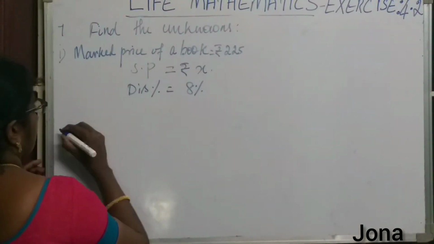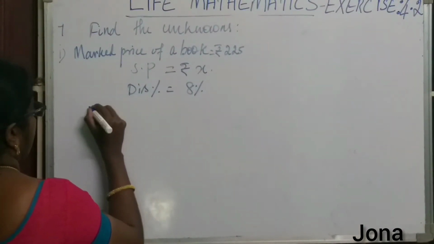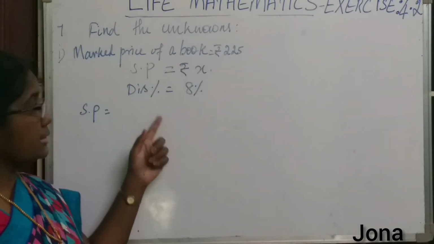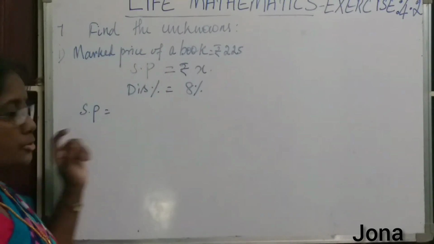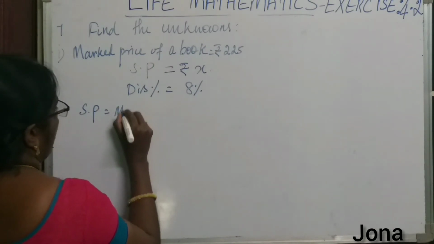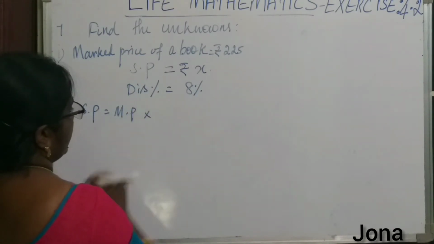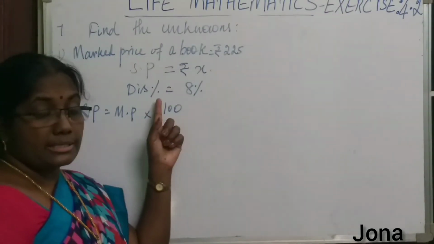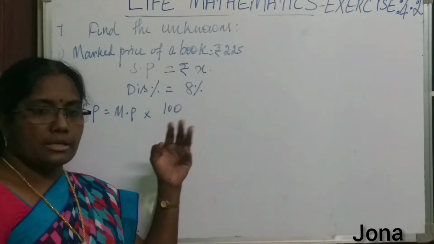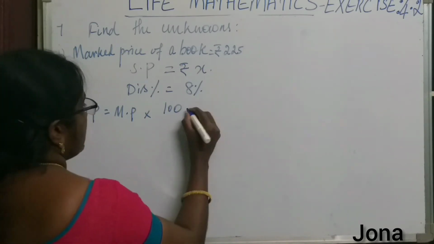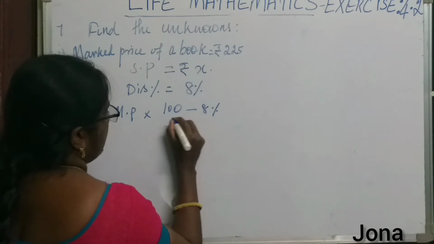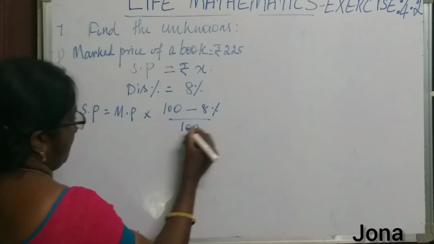So we can have the formula for SP. SP equal to, always we will put CP here. Here it is given as mark price. So we have to write mark price into 100 minus discount, divided by 100. Discount and loss are both the same here. So we can consider this as loss.